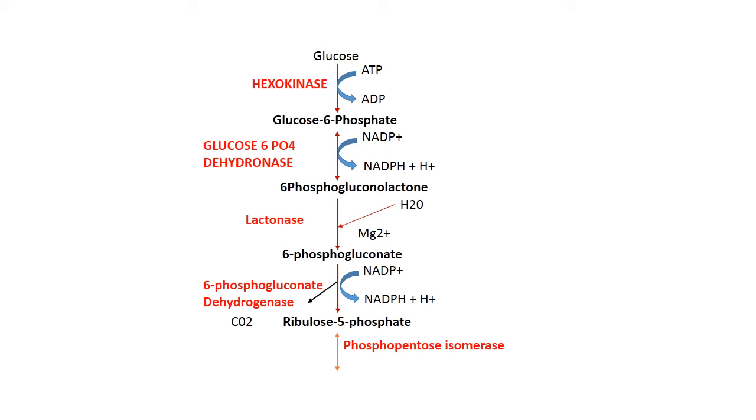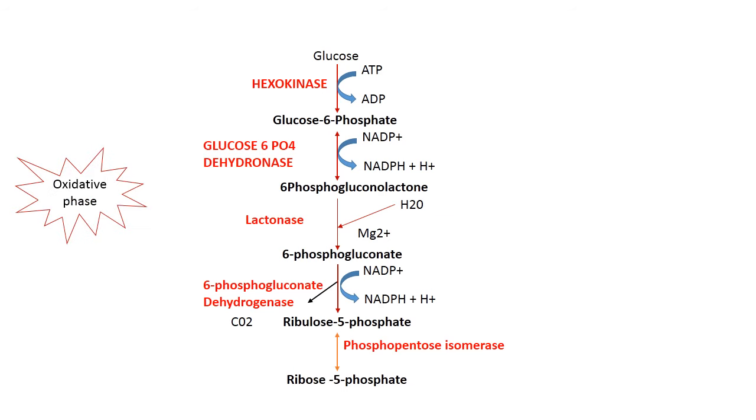Now this ribulose 5-phosphate will get isomerized to the aldose 5-carbon sugar ribose 5-phosphate, and this 5-carbon sugar will form a major source for the biosynthesis of nucleotides.